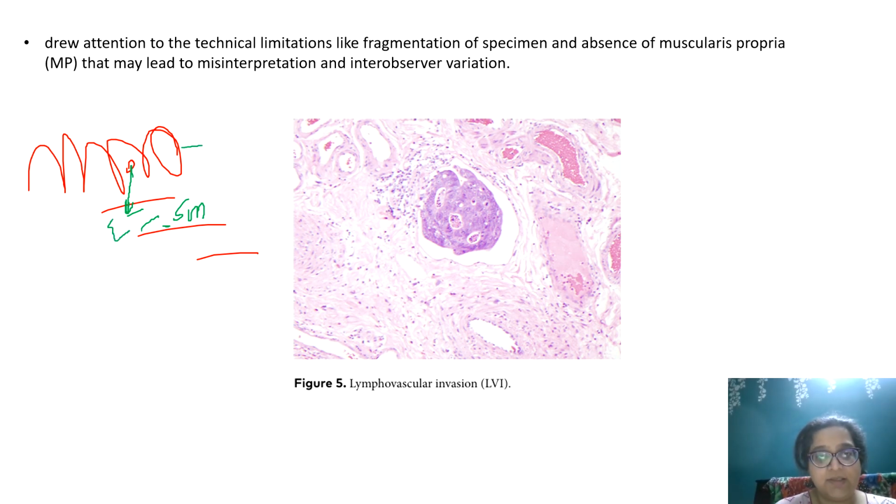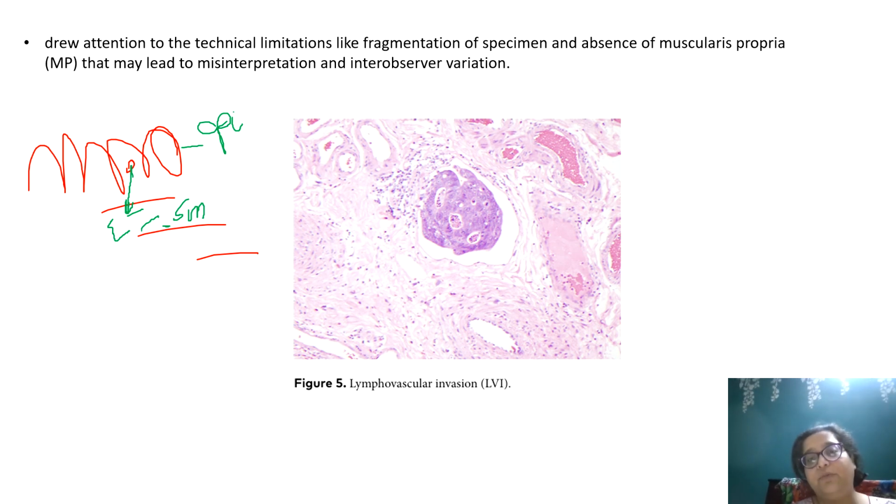This is the epithelial part, the epithelial lining. I'm sorry, the writing is very bad, but this is the epithelium. So how much of this tumor is going into the submucosa? That is one invasion, and then of course if the whole thing goes into the muscularis, then it's the second invasion, and that is how staging is done. So if the biopsy is fragmented, this gets disrupted, and of course it produces a lot of problems.